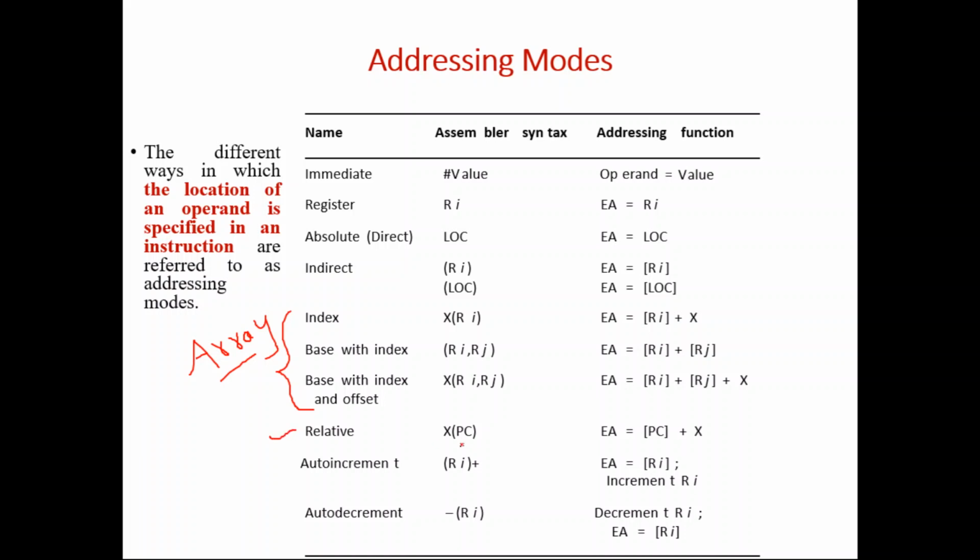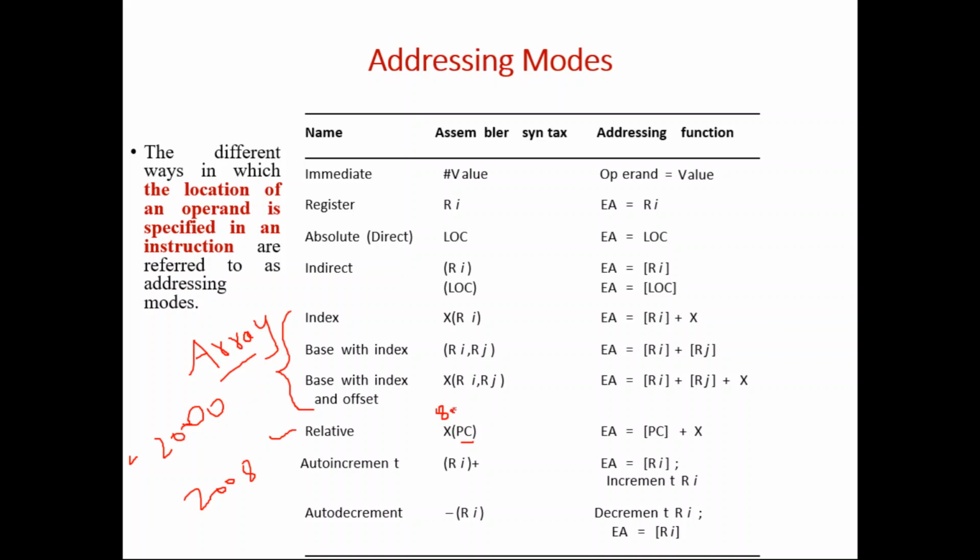This is connected with the PC, program counter. The program counter always points to the address of the next instruction to be executed. But if the program counter is currently pointing to 2000, and due to some reason you want to execute the instruction which is located at 2008, then this x you have to process to 8.